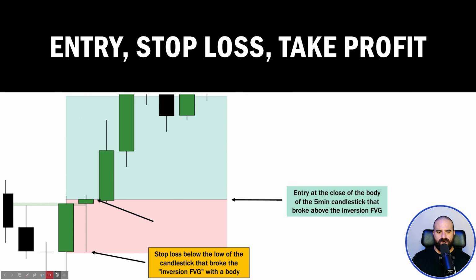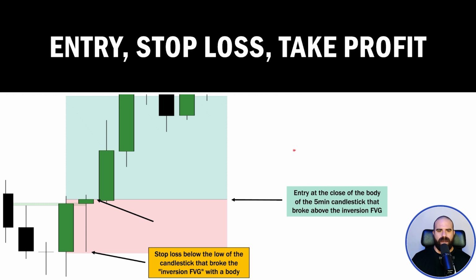The stop loss will be going below the candlestick whose body closed above the inversion FVG. So the entry candlestick is the one that we will be identifying in order to also place our stop loss right below it. And in a bearish scenario, of course, right above it, as we will see later on.